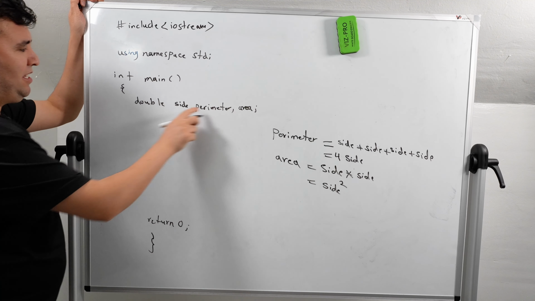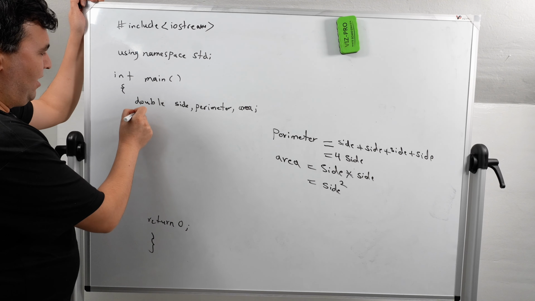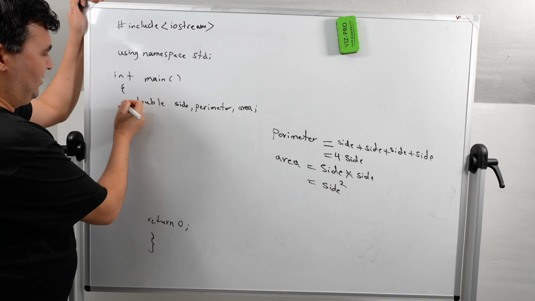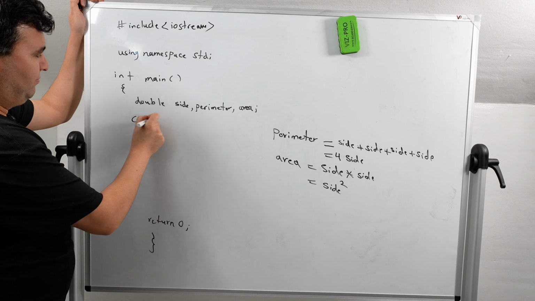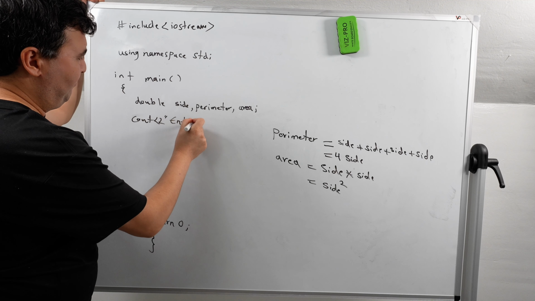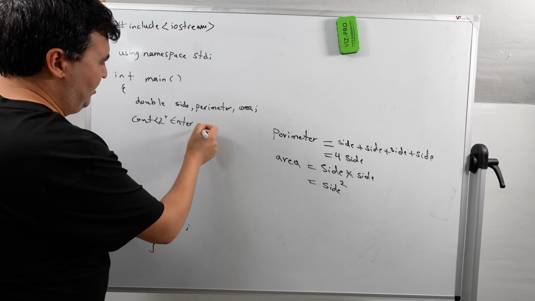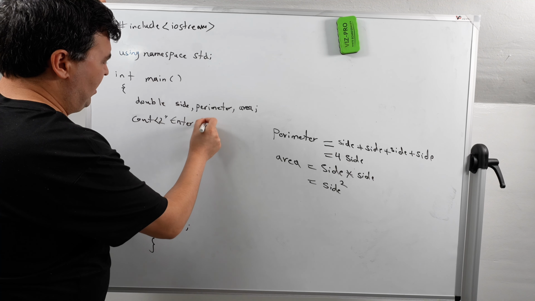So we declare 3 variables. We need 3 variables. Now I write cout and say, enter the side, or enter the square side.